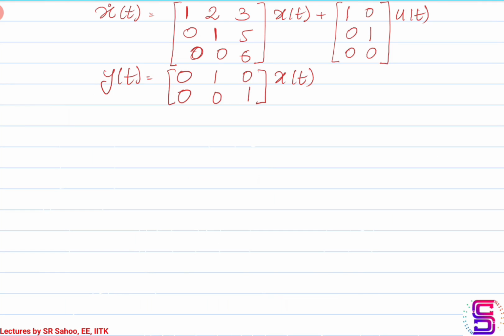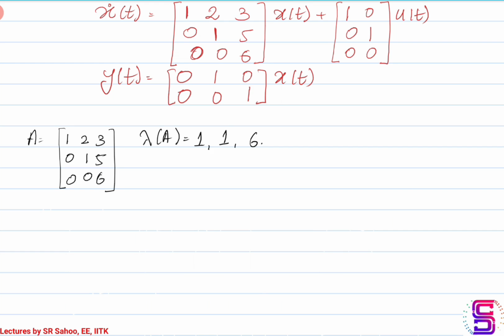What we need to do is first find the eigenvalues of A, then find the eigenvectors corresponding to the eigenvalues of A, then form the similarity transform matrix P, and then perform the state vector transformation so that we get the Jordan canonical form. So the matrix A is this, whose eigenvalues are going to be 1, 1 and 6.